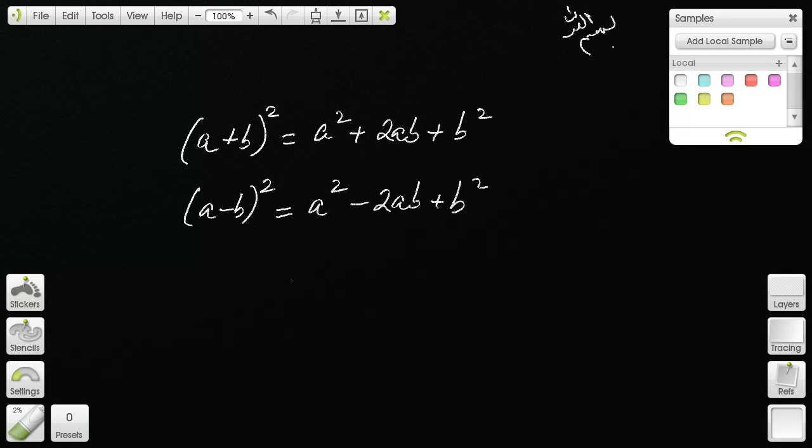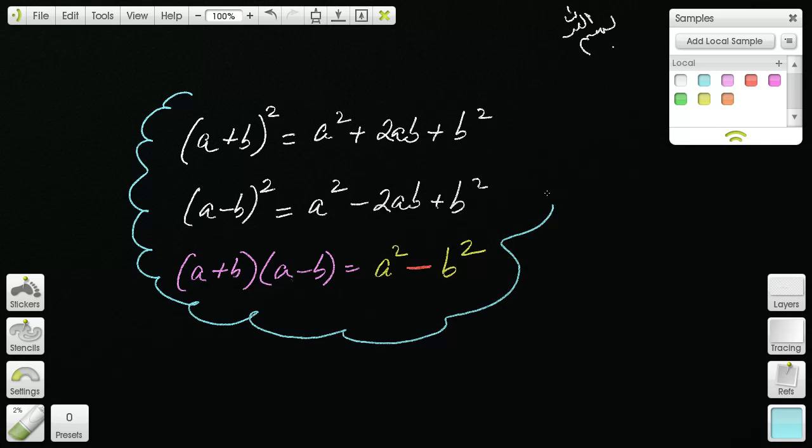And finally, the third special case is (a plus b) times (a minus b), which is a squared minus b squared. These three formulas you kind of have to know, because you see them so much.